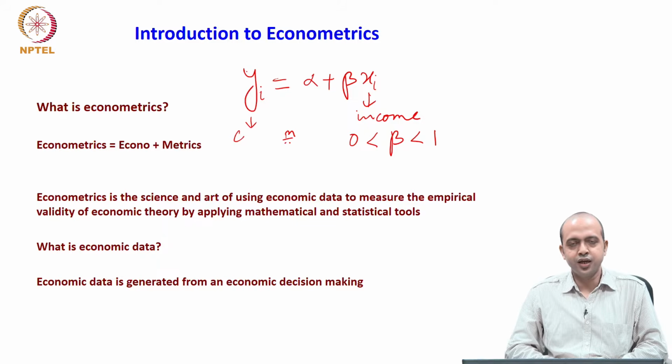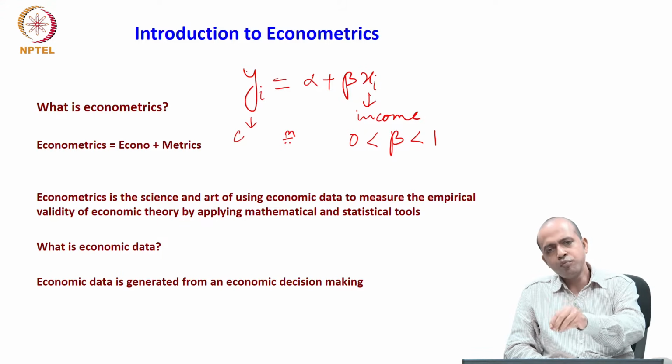Here i indicates the ith individual. So, yi indicates the ith individual's consumption, maybe weekly, monthly or yearly, and xi indicates correspondingly weekly, monthly or yearly income. And then the restriction I have imposed on beta is greater than 0 but less than 1.